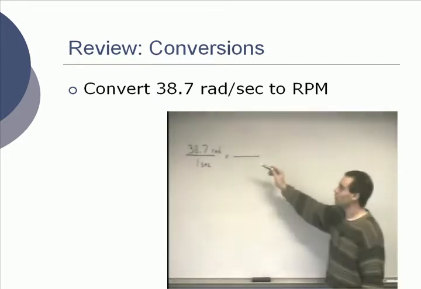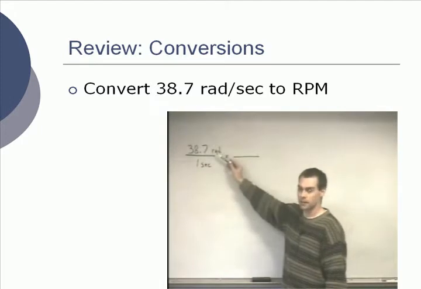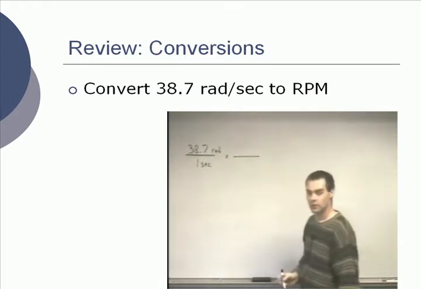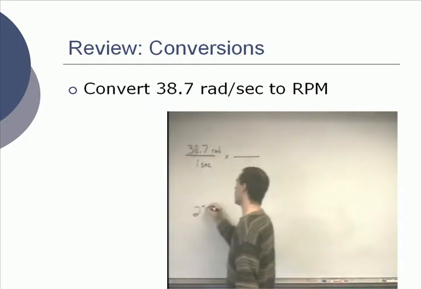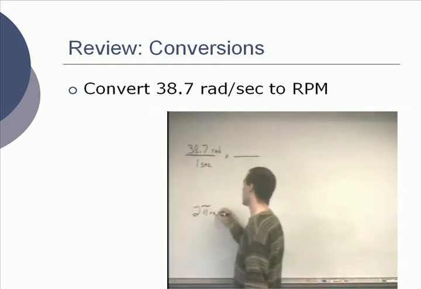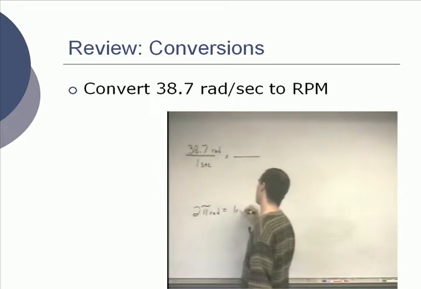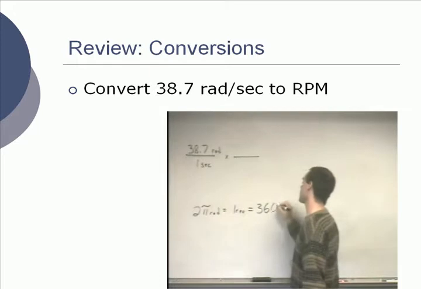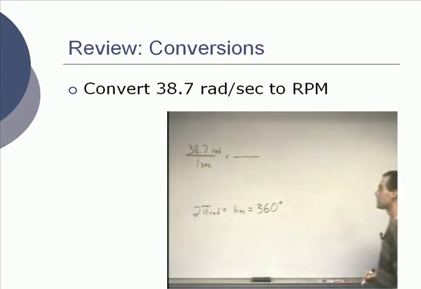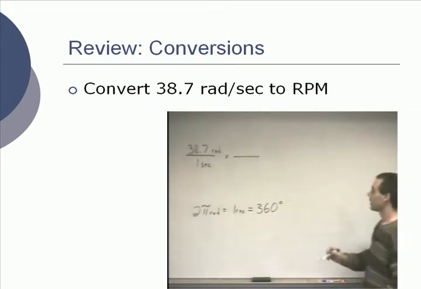So we need to get rid of radians and go to revolutions on the top. What's the conversion between radians and revolutions? That's right. This fact you need to recall, 2 pi radians is always equal to 1 revolution is equal to how many degrees? 360. Basic three-way conversion fact that we'll be using frequently here in the next half an hour or so.